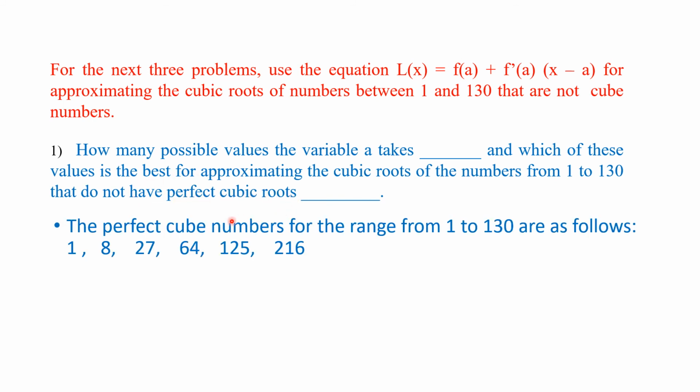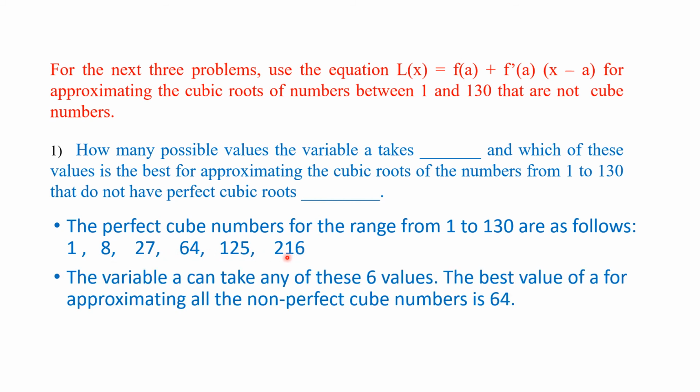To start with, the perfect cube numbers for the range from 1 to 130 are as follows: 1, 8, 27, 64, 125, and 216. The variable a can take any of these 6 values. The best value of a for approximating all the non-perfect cube numbers is 64.